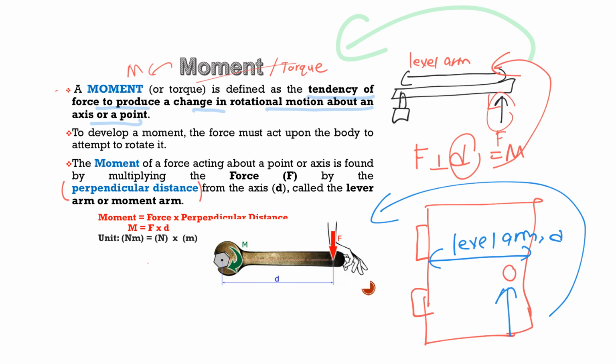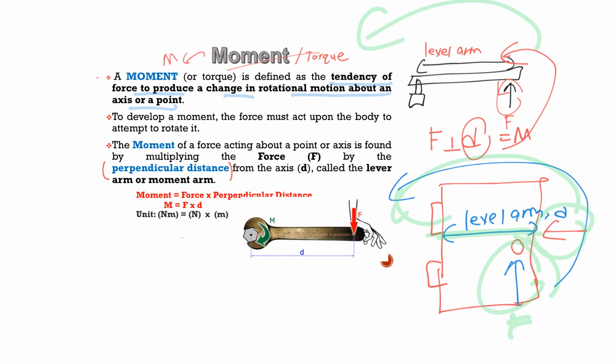So what if I apply force parallel to the lever arm? Is there any movement? No, definitely not. The door is not going to open in a rotational motion, because the force is parallel to the lever arm. You need to make sure the force is perpendicular to the lever arm, then it is going to move in a circular motion.